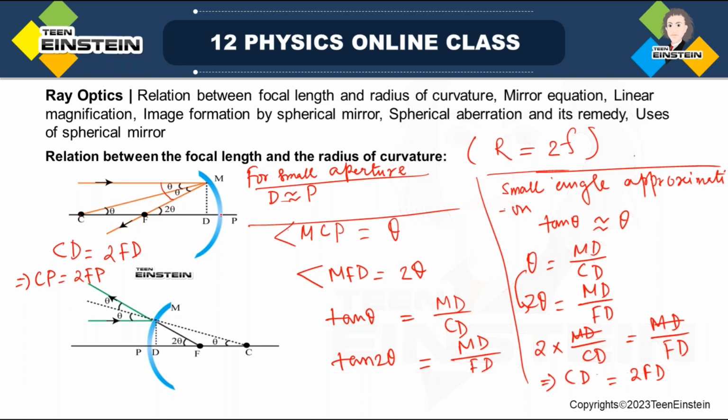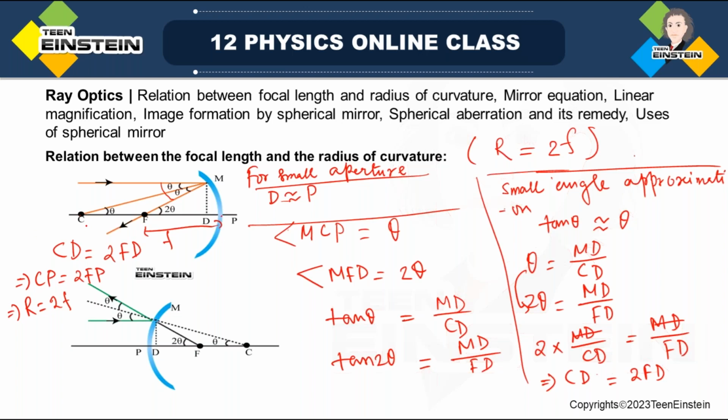Now what is CP? CP is nothing but R, and 2FP, FP means this thing, this is small f only, so 2f. So this is how we can establish the relationship between the radius of curvature and focal length. Twice the focal length is actually the radius of curvature.